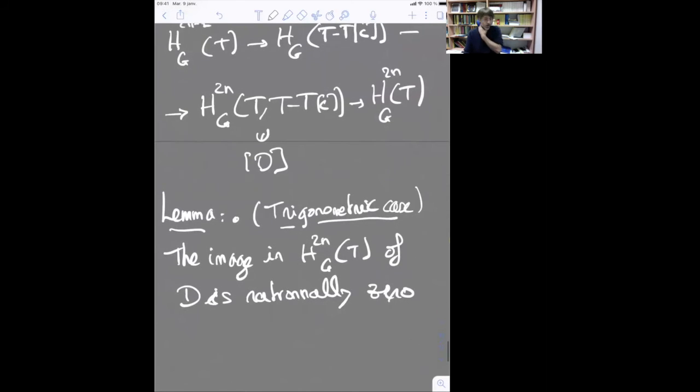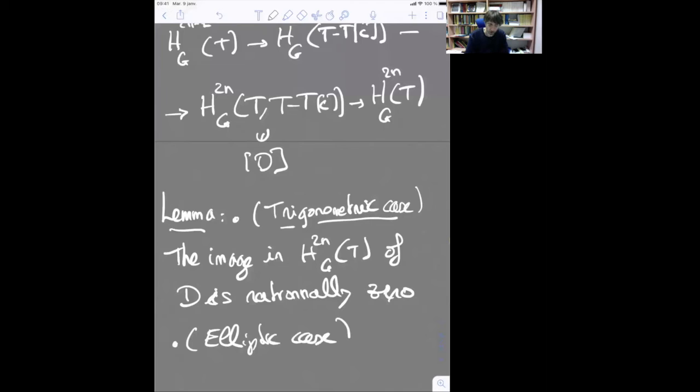So each time you pick up a divisor, then in the trigonometric case, you take a 0 class in the equivariant cohomology in degree 2n. It's imaged in here.